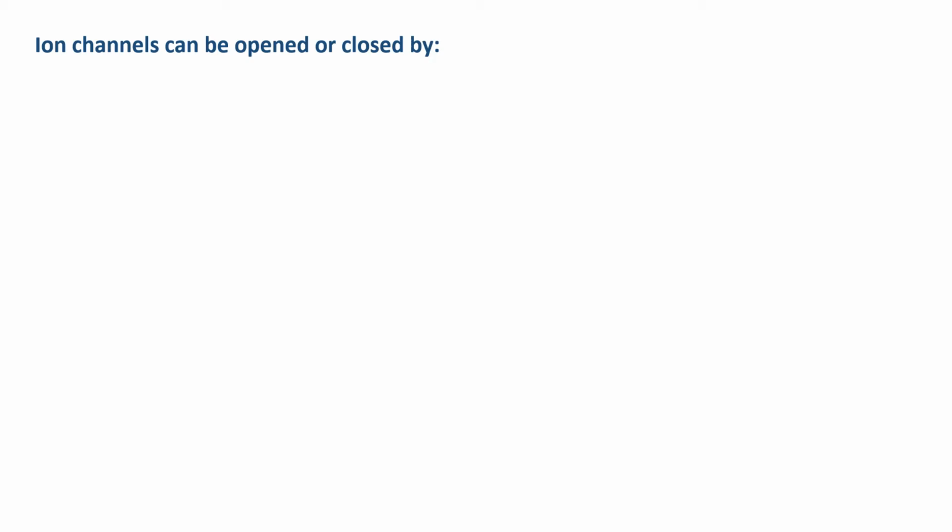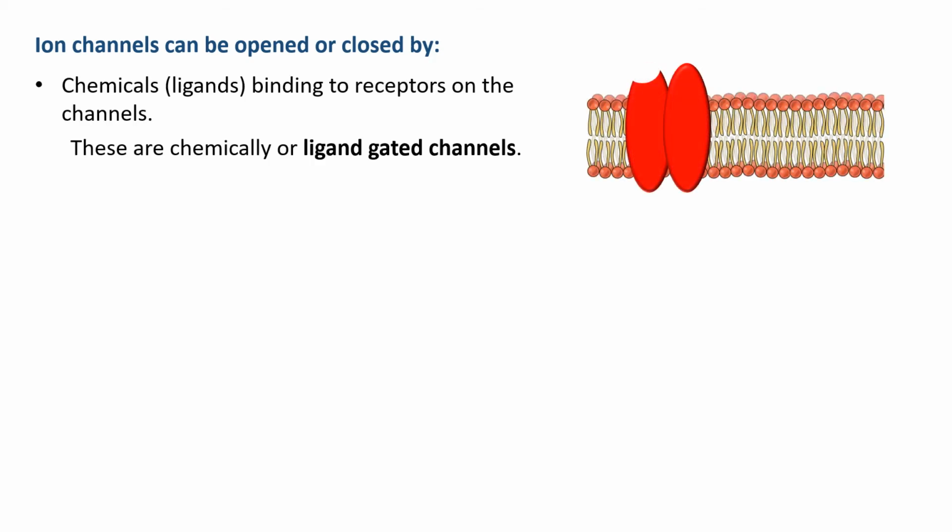So let's talk about those gating mechanisms. Ion channels can be opened or closed by chemicals binding to them. So on the channel you'll have a receptor. That receptor will be specific for a ligand, i.e. a chemical that binds to that receptor.